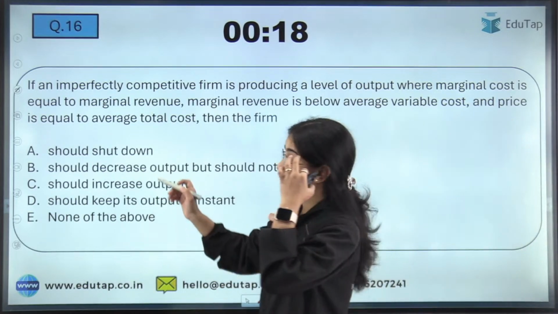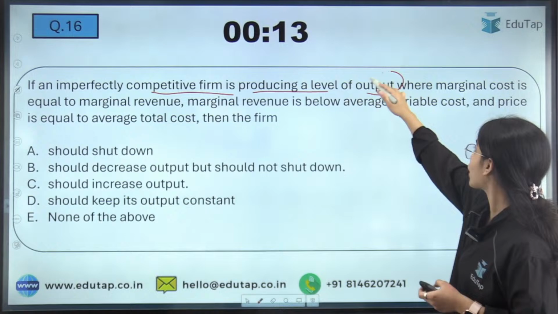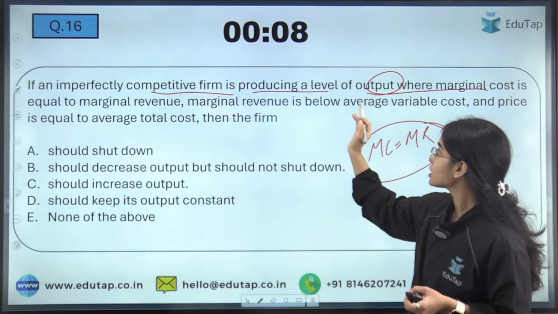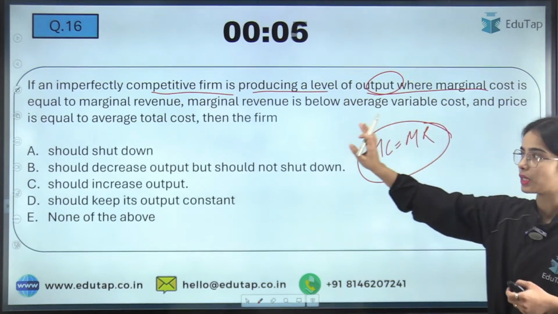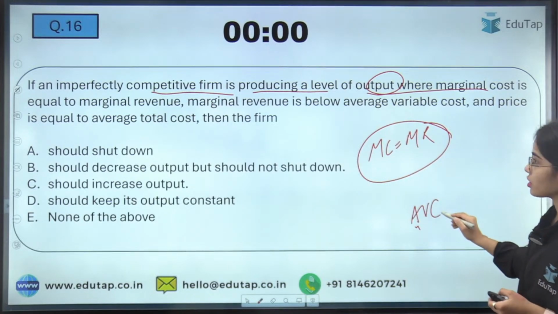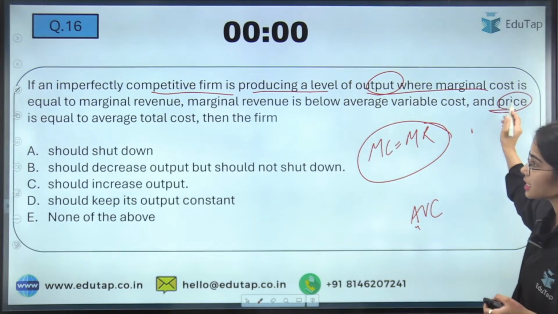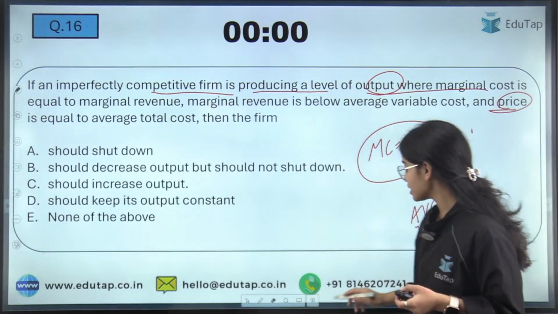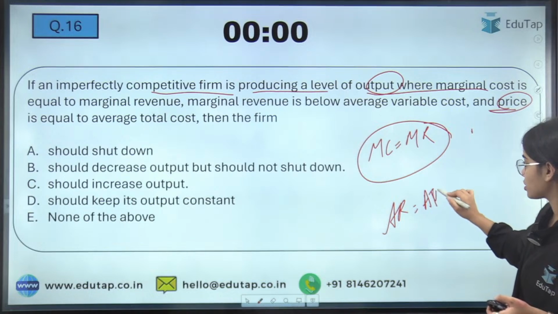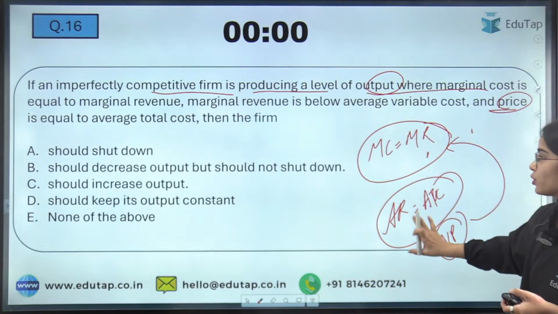If a perfectly competitive firm is producing a level of output where marginal cost is equal to marginal revenue, whatever else is written doesn't matter. If MC is equal to MR, and price, that is your average revenue, is equal to average total cost, that means you are at equilibrium making normal profits.